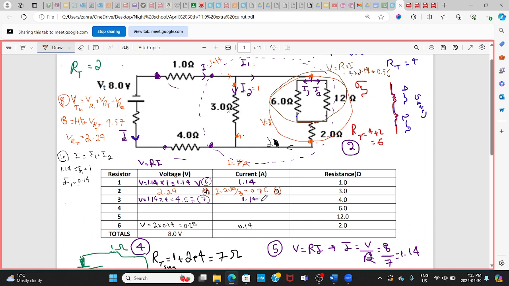Okay, right? That's now correcting things. Then I have to check everything back. This one we are fine, but the current that I got here, and I used that there, right? 1.14 is fine.